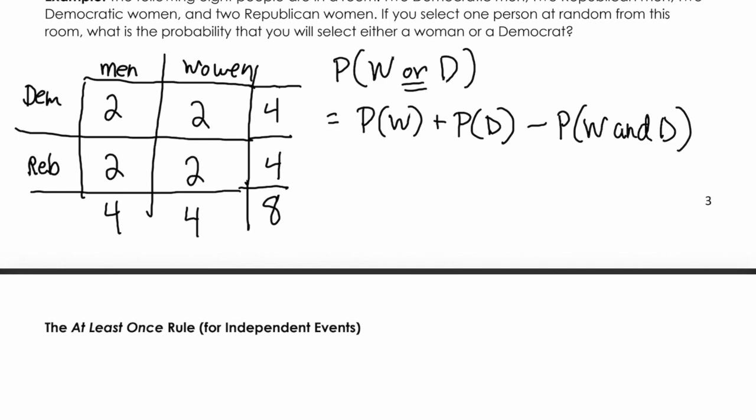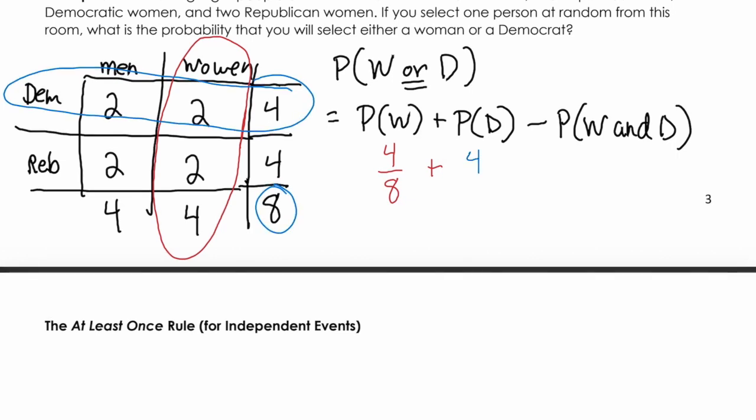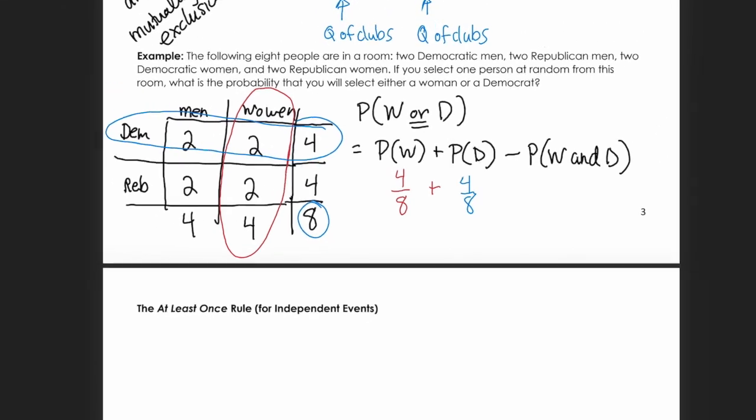The probability of getting a woman is 4 out of 8. If I look at this woman column, there's a total of 4 women out of a total of 8 people. So I'm going to write the probability is 4 out of 8. Then I'm going to add that to the probability of choosing a Democrat. There's 4 Democrats out of 8, so I'm going to add plus 4 over 8.